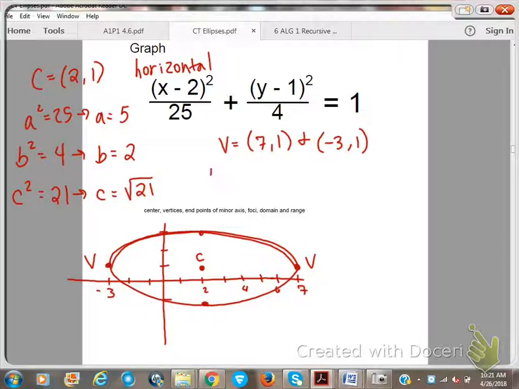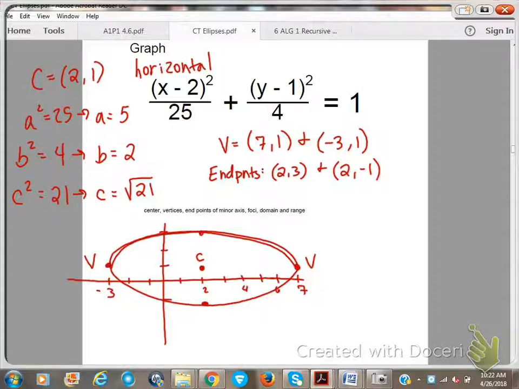So Lexi, if you are asked to find the endpoints, and tonight's assignment is a worksheet, so I think you are asked to find them, what ordered pair would you write down for your endpoints? 2, 3. Good. And 2, 4. Good. Nice.